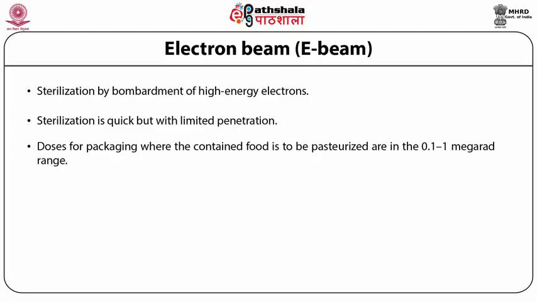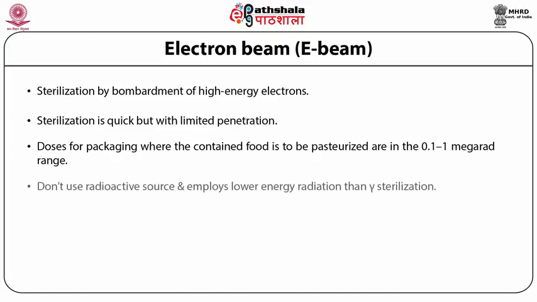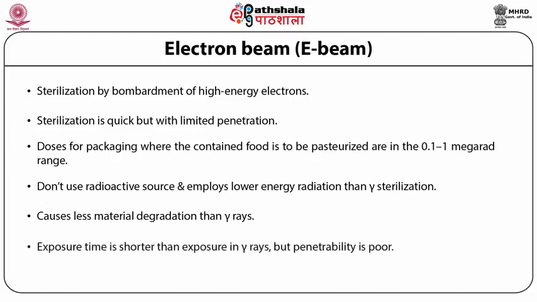There are several differences between E-beam and gamma sterilization. The E-beam process uses no radioactive source and employs lower energy radiation than gamma sterilization. It is claimed that electron beam sterilization causes less material degradation than gamma, thus reducing the risk of product damage. Exposure time for E-beam is shorter than exposure in gamma radiation.